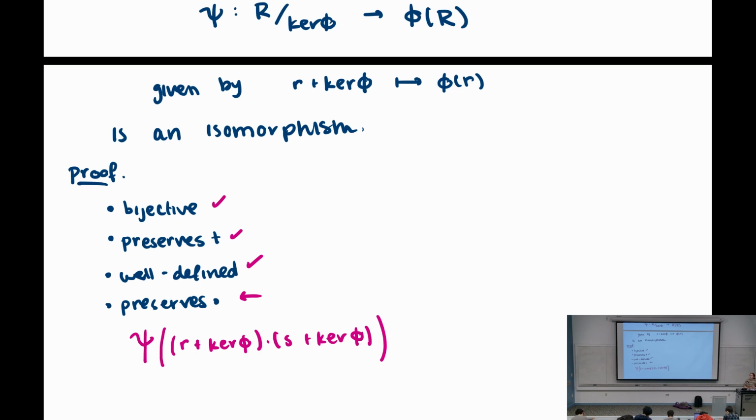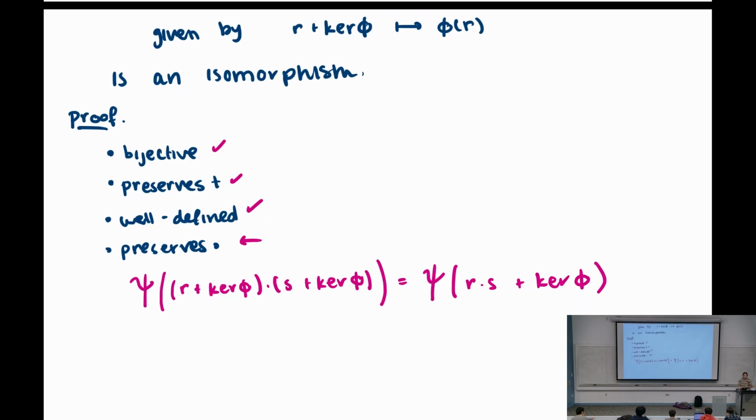Okay, so this is going to be one of those proofs where you have to keep track of where everything lives and what the operations are. So we're applying psi to the product of two elements from R mod kernel phi. We know how to multiply elements of R mod kernel phi, so let's just do that inside of psi. So this turns into R times S plus kernel phi, just by the way the multiplication in R mod kernel phi is defined.